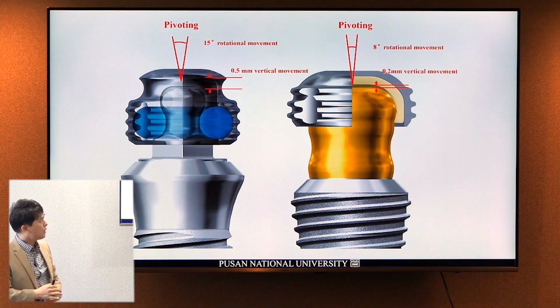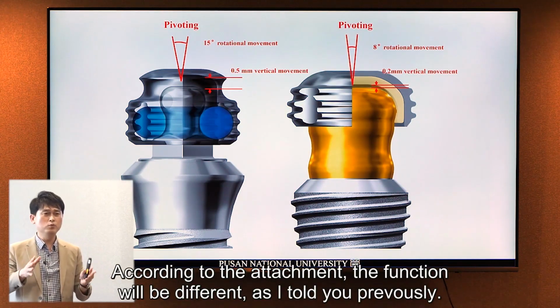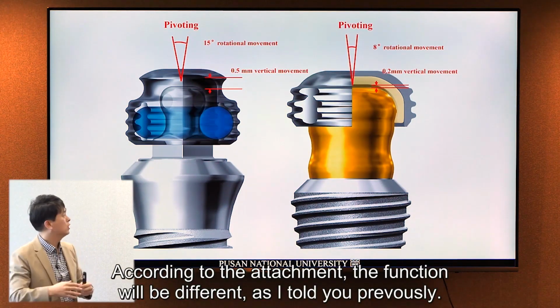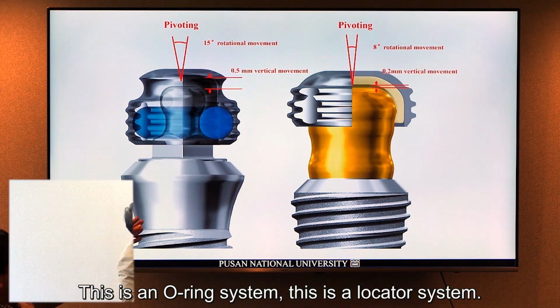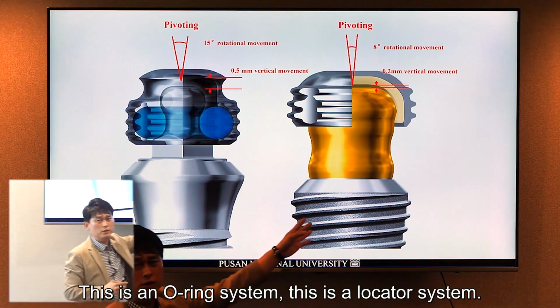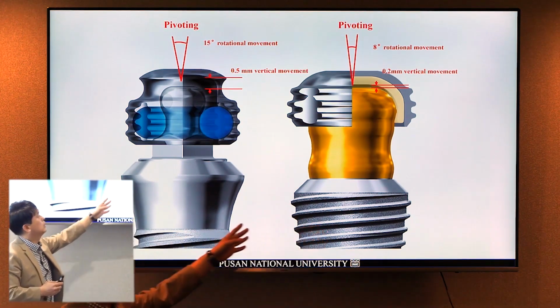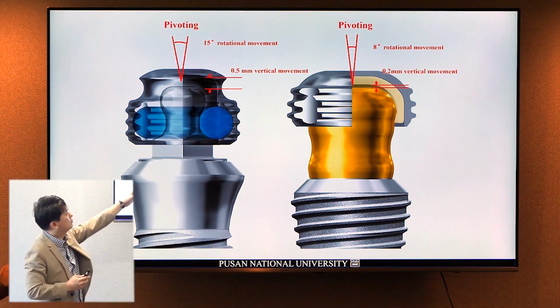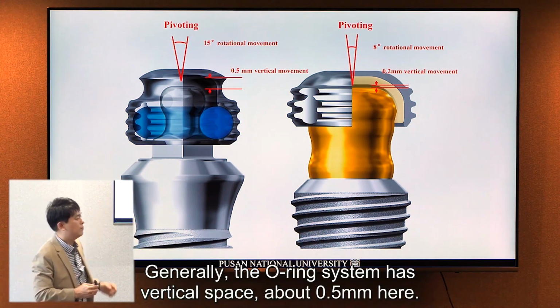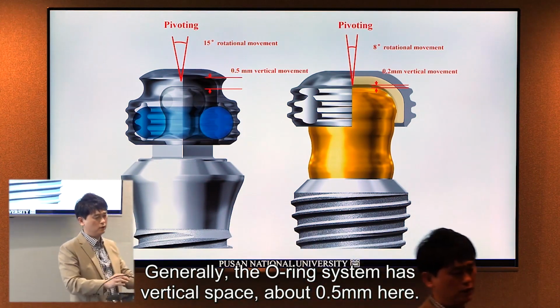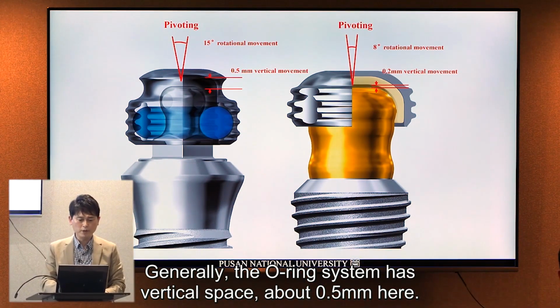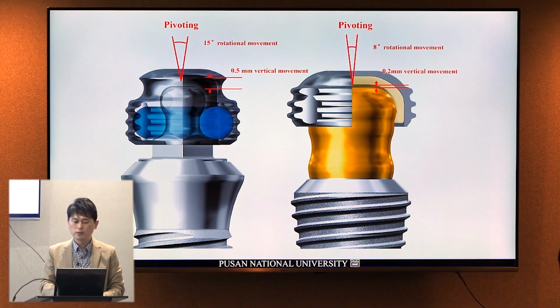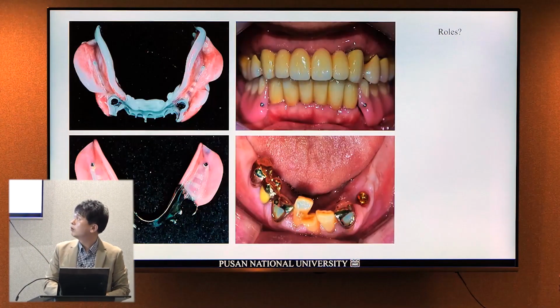And then, according to the attachment, the function will be different, as I told you. This is the O-ring system. This is the locator system. Generally, the O-ring system has a vertical space of about 0.5 millimeter here.